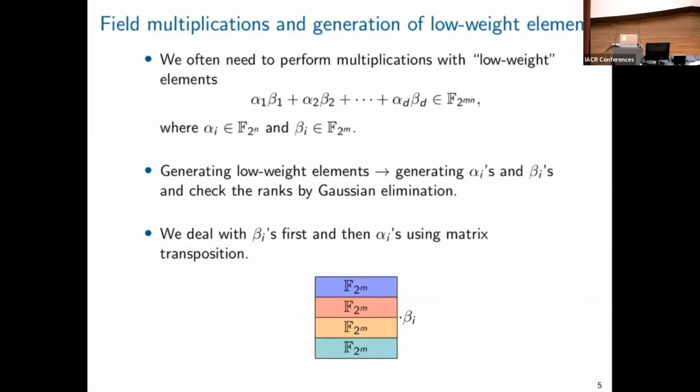And of course, we still have to deal with these alpha_i's, which are in F_{2^n}. In this case, what you can do is just do a matrix transpose to convert the big field element into a list of F_{2^n} elements, and then you will be able to multiply by alpha_i's very easily. And doing matrix transposition is actually very efficient in software.